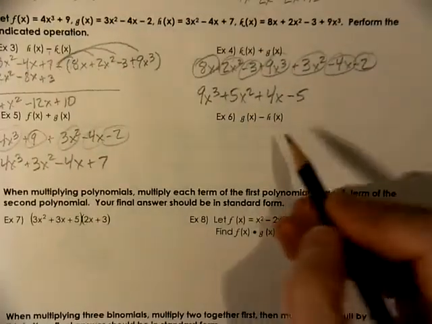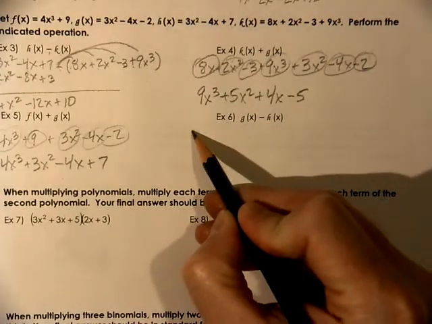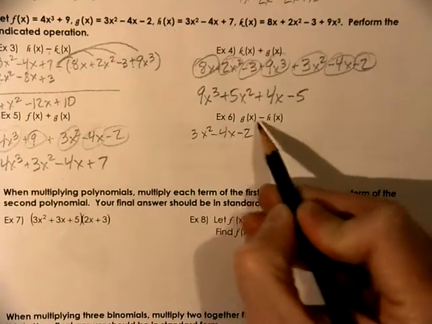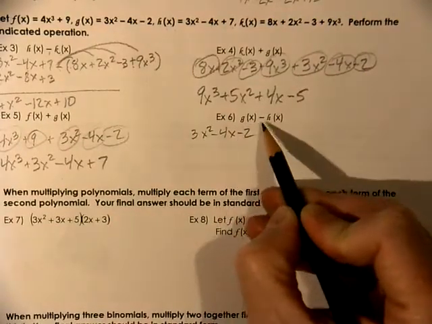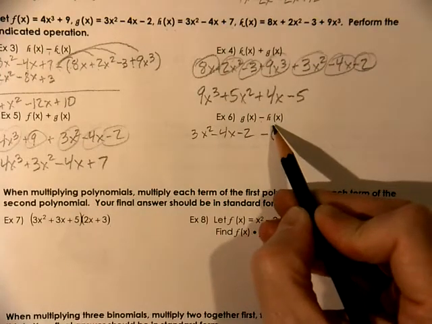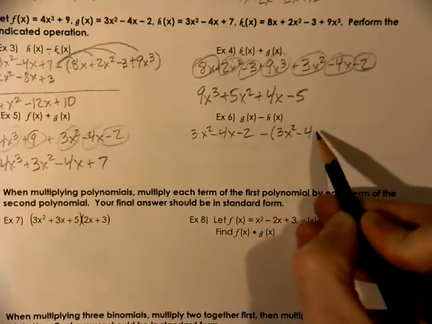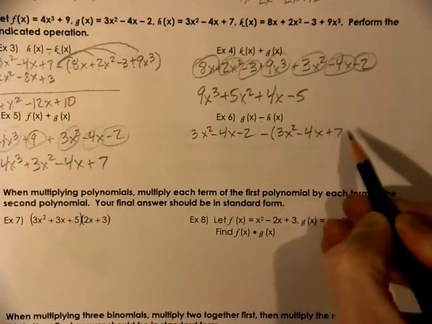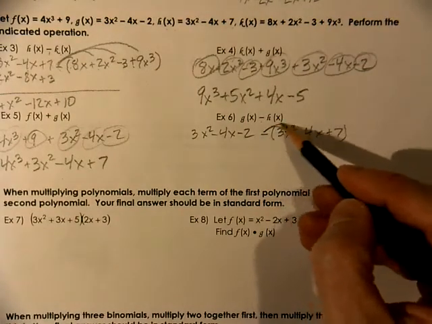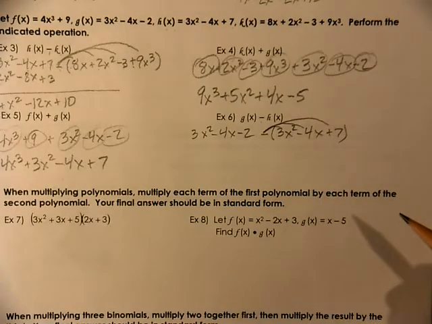Here is subtraction. Gotta watch your subtraction. So we have 3x squared minus 4x minus 2, that's the g function, minus, now we must use parentheses around the h of x. So we have 3x squared minus 4x plus 7. To subtract correctly, you must distribute your parentheses through.